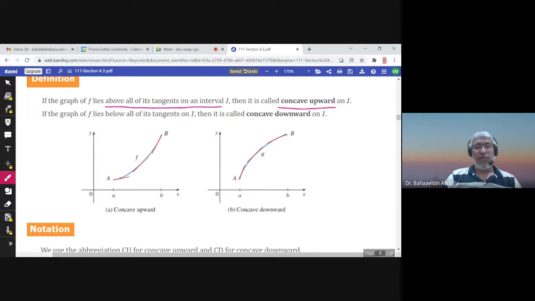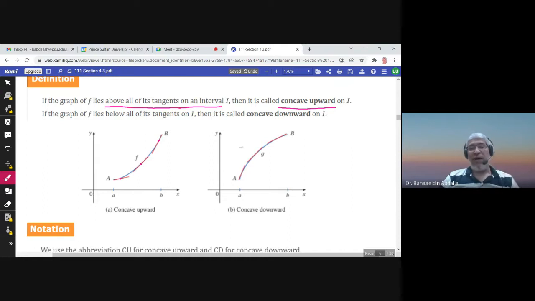If I ask you to find the tangent at this point, this point, this point, you will always see that the tangent is actually below the curve. So the curve is above the tangent lines. So this is when we say the curve is concave up. So all of these curves are concave up, okay?